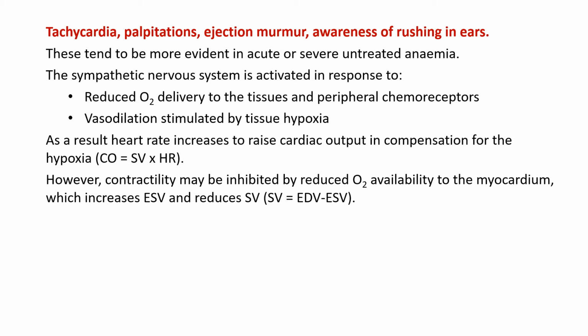The sympathetic nervous system, you'll remember, also increases contractility. But we have a slight issue here in that the contractility increase may then be inhibited because, of course, the myocardium, the cardiomyocytes, are also getting reduced oxygen availability.